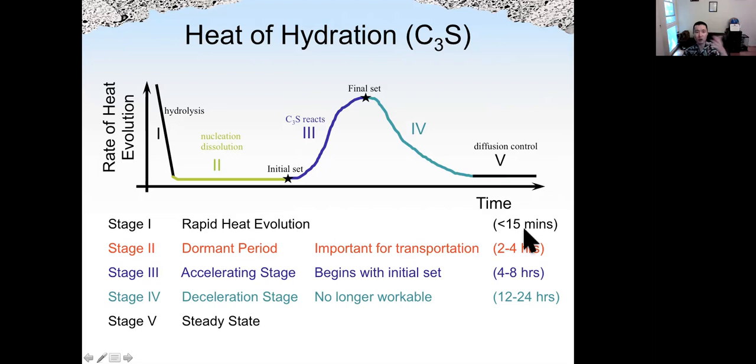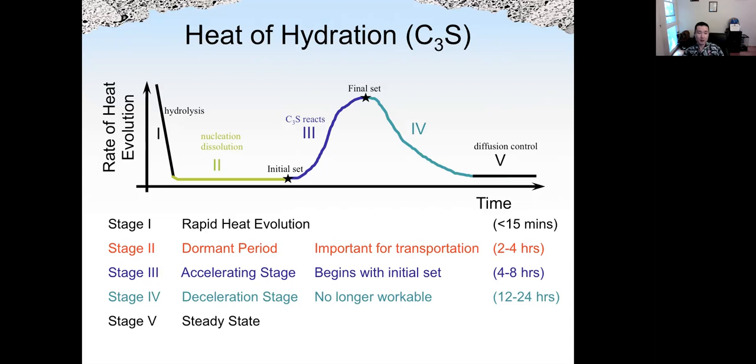We also call that hydrolysis. That is when water quickly dissolves cement, and cement will generate a lot of ions into the solution, into the water. Ions including calcium and also hydroxide are released from cement grains into water.